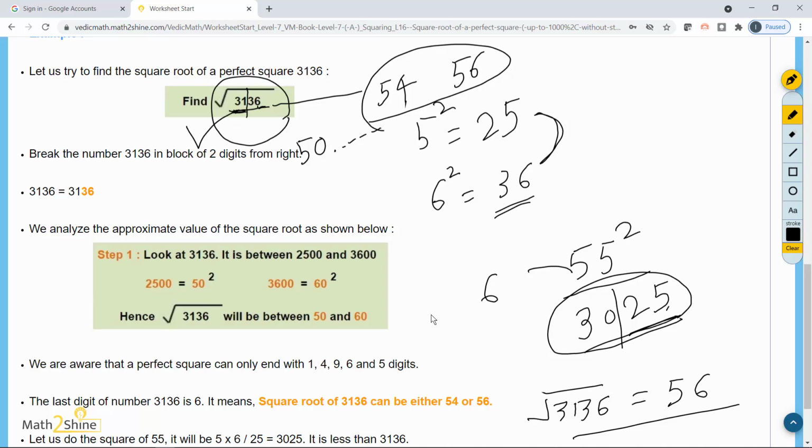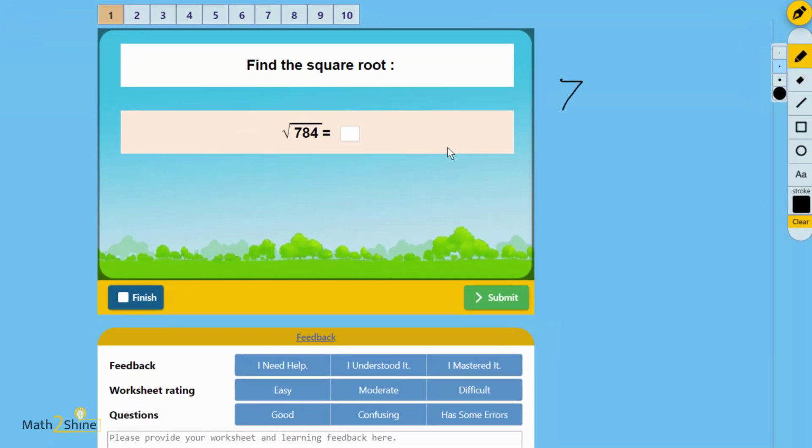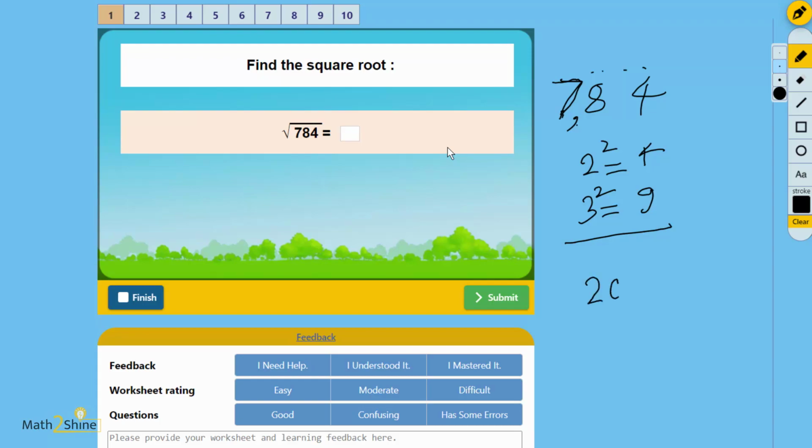But in this worksheet, let us solve one or two more questions. We put a mark, we leave 2 digits here and put it here. 7. So 7 falls between, say, 2 square is 4 and 3 square is 9. It simply means our square root of 784 will be 20 something.